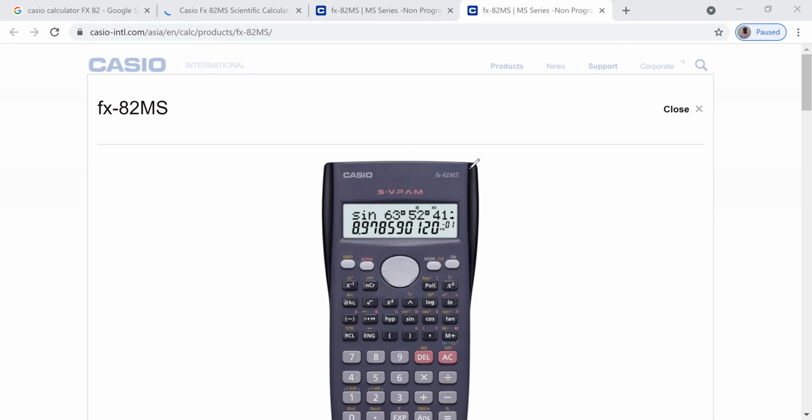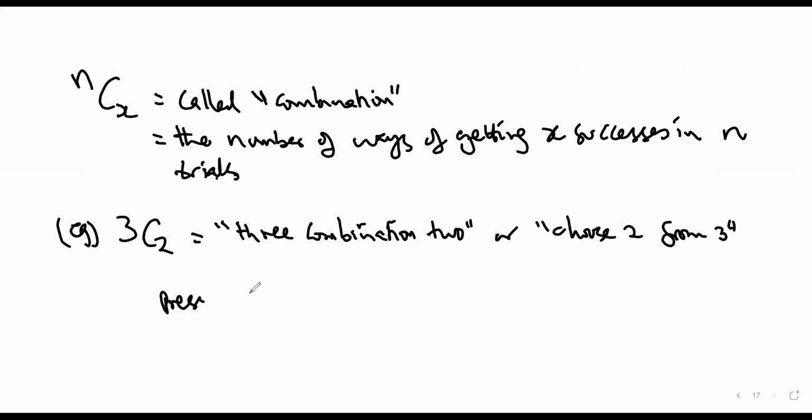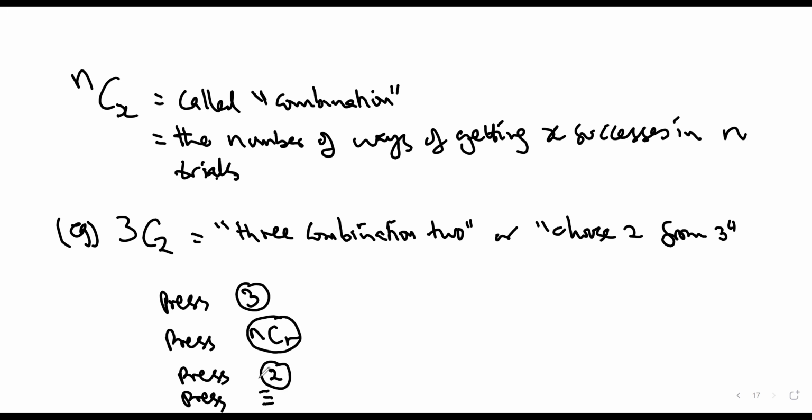So we're saying in this case, you press 3, then you press that function, that is NCR. After that, you press 2, and then you press equal sign. What do you get?